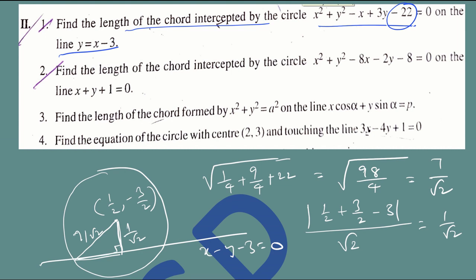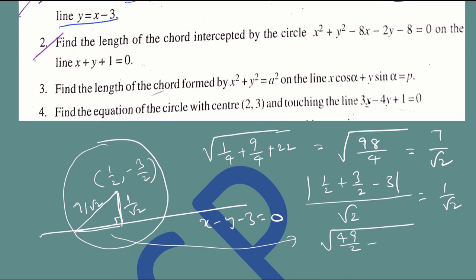This length is nothing but root of 49 by 2 minus 1 by 2. So I am getting it as root of 48 by 2, so it is root 24, nothing but 2 root 6. Now this part is 2 root 6. You want the full length, so the answer is nothing but 4 root 6. That is the length of the intercept.